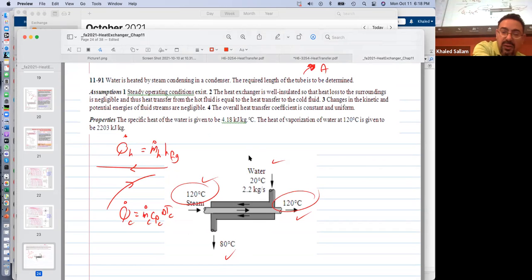Okay, so let's see what we got. We got all the temperatures, and we also have the CP of the water, and we know the m dot of the water. So do we know the Q dot of the water? We know the Q dot of the water, right? Because it's m dot CP delta T.